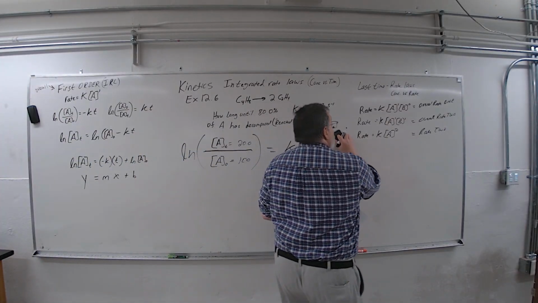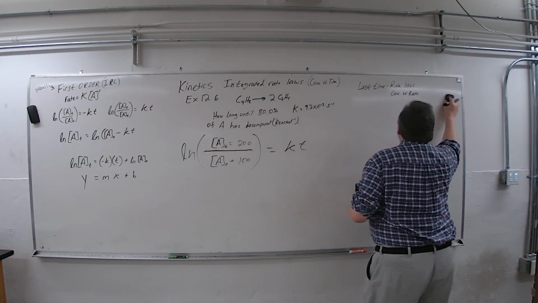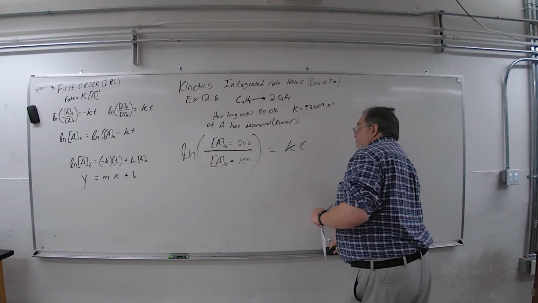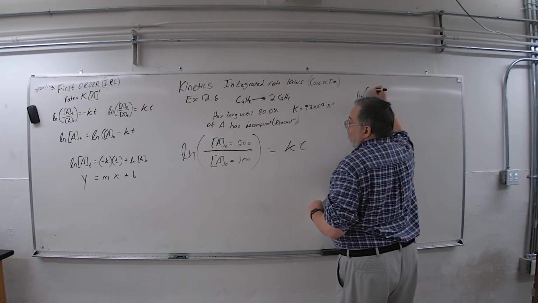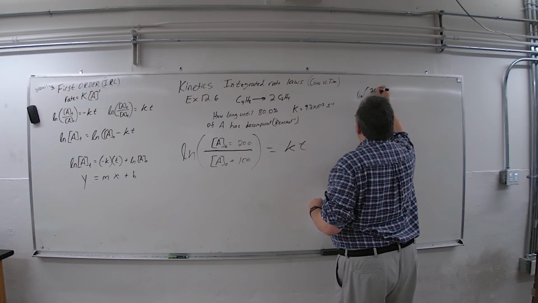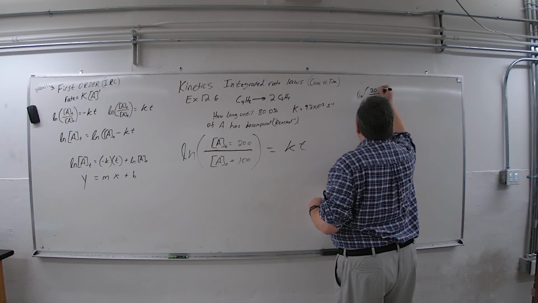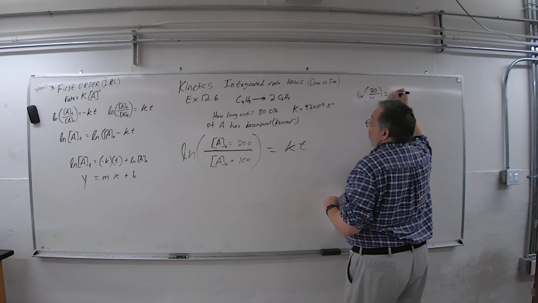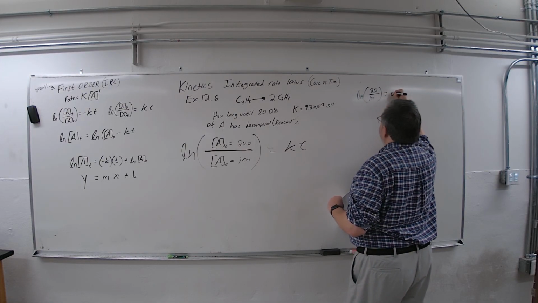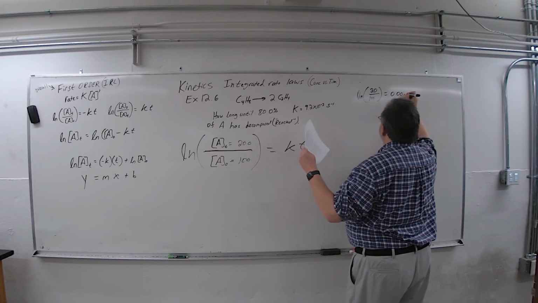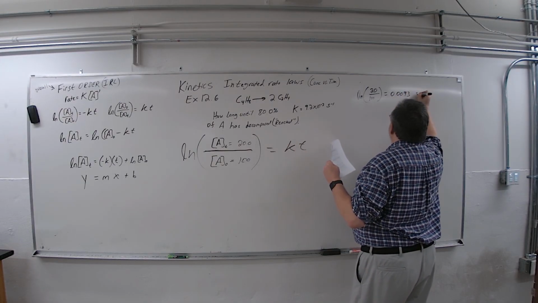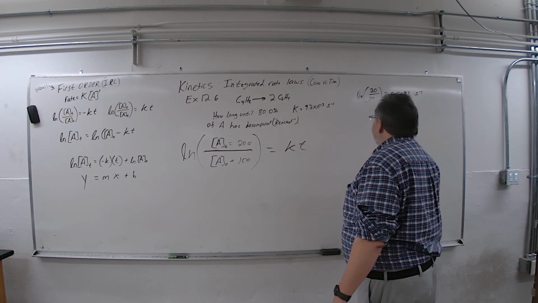Use this space over here. And as long as you're okay with using your calculator with logs, it's natural log of 20 over 100 equals negative K times t, where K is, I'm going to write that as 0.0093. Make it easier to use the calculator.